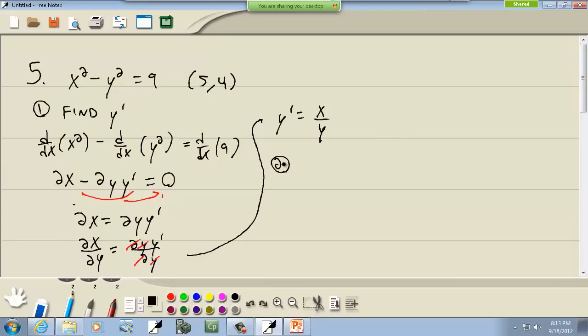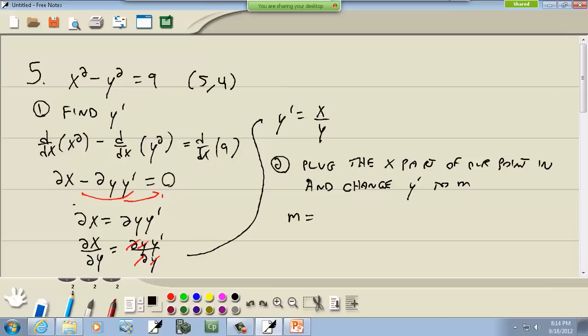Step 2: plug in the x and y part of the point, and change y prime to m.